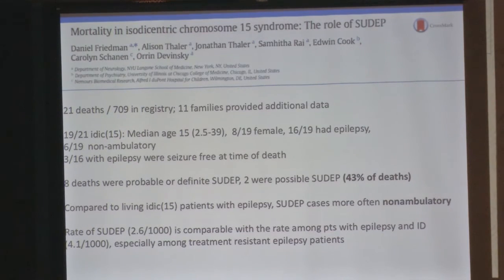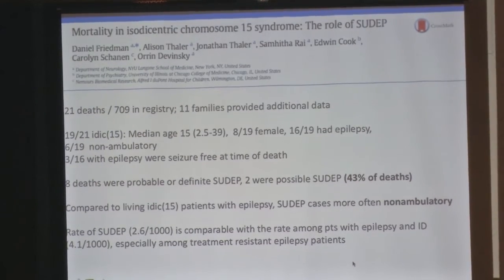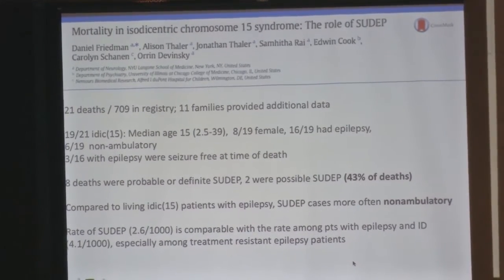As you can imagine, it's not a very easy diagnosis to make, but that was the rate they found. Now, importantly, the conclusion was that the rate of SUDEP in this population, estimated based on the responses they received and the rate of death in the registry, is comparable with the rate of SUDEP among patients who have epilepsy, neurological dysfunction and intellectual disability.